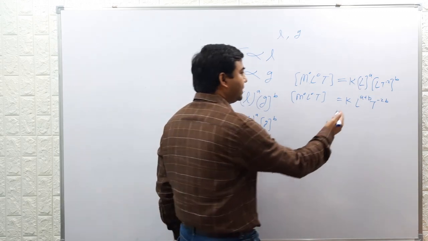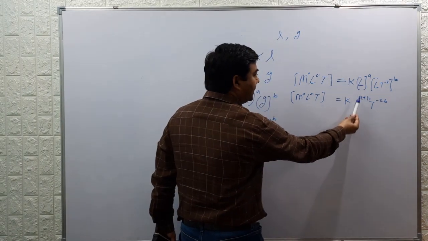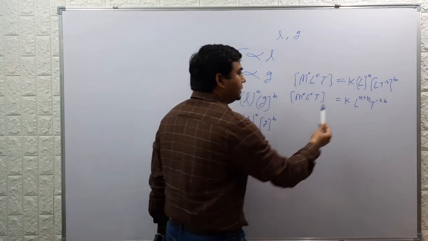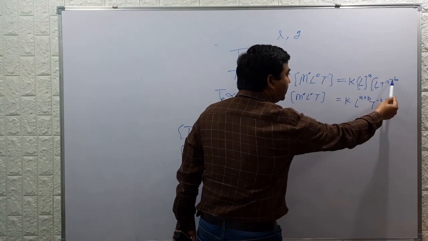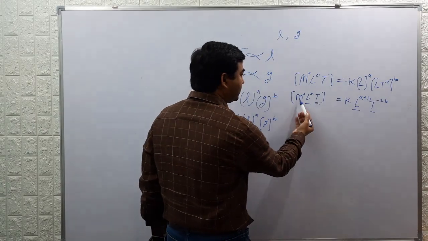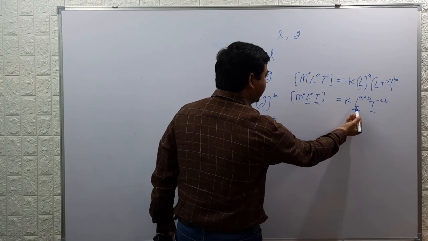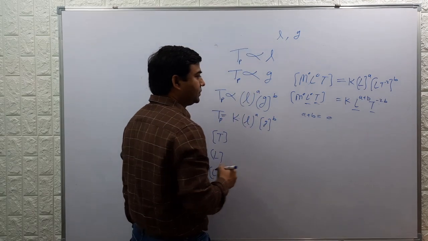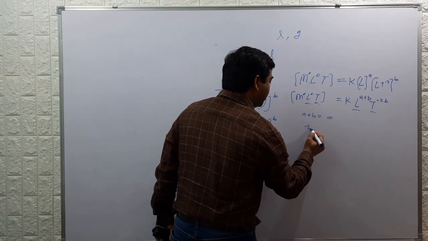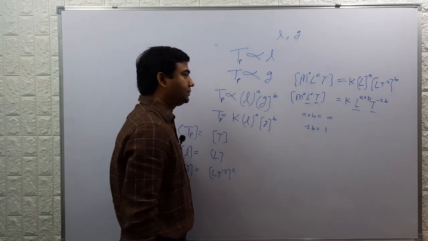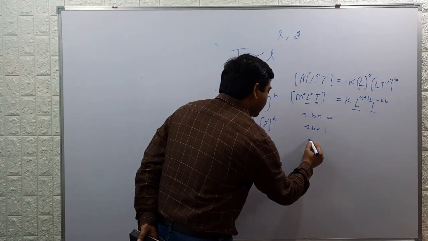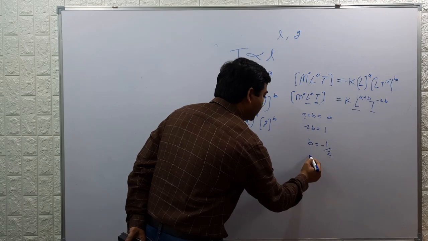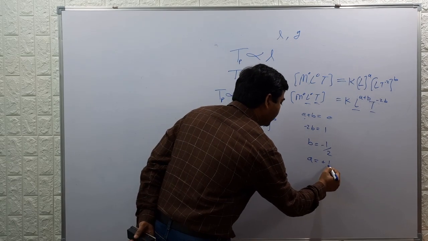So here by rules of algebra, we have written the powers of L as L to power a plus L to power b, that is L to power a plus b, and power of T, T to power minus 2b. So by comparing the powers of these symbols, for L, a plus b is equal to 0. For T, minus 2b is equal to 1. From this equation, b is equal to minus 1 by 2, and from this equation, a will be plus 1 by 2.